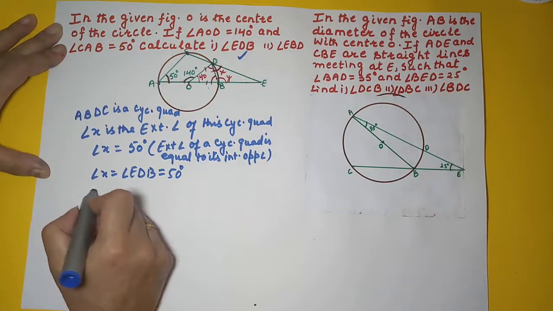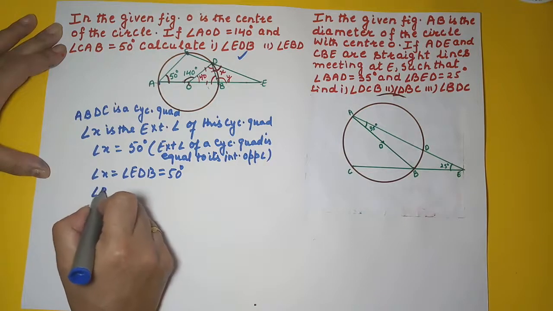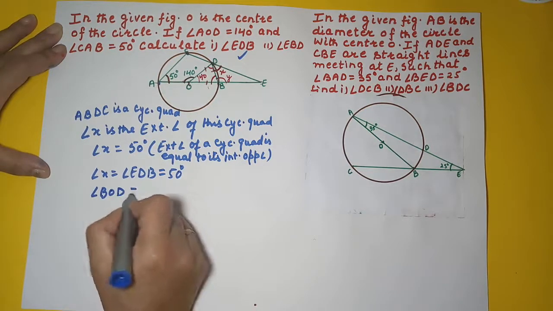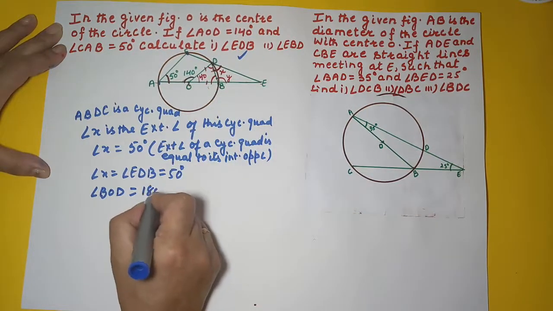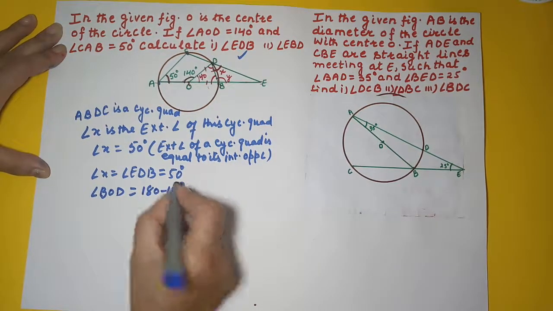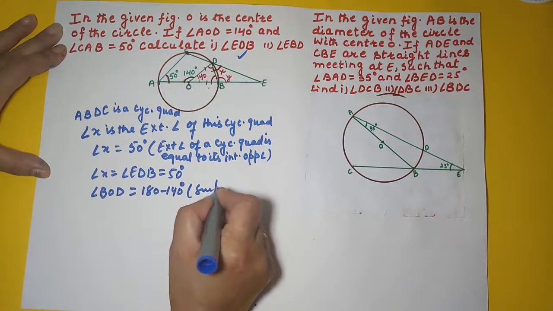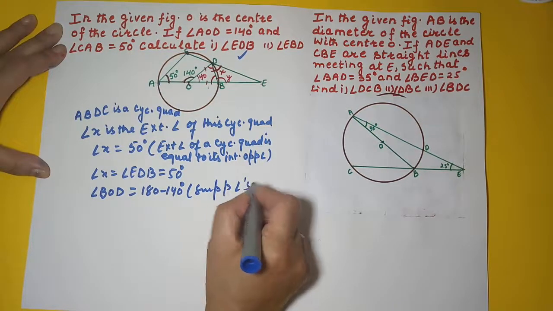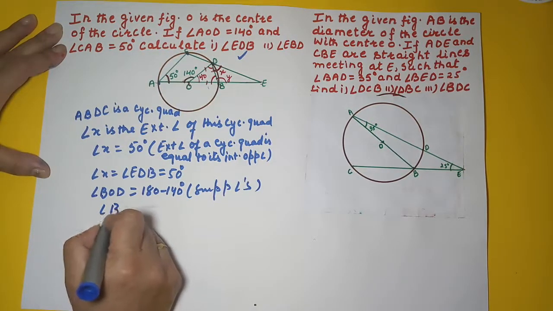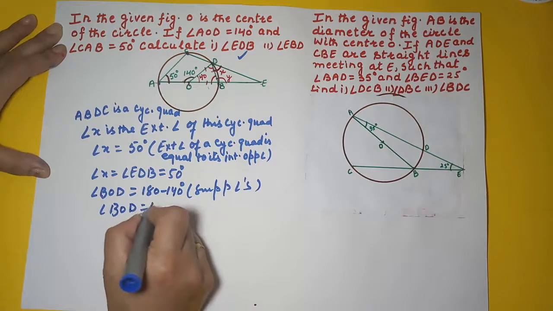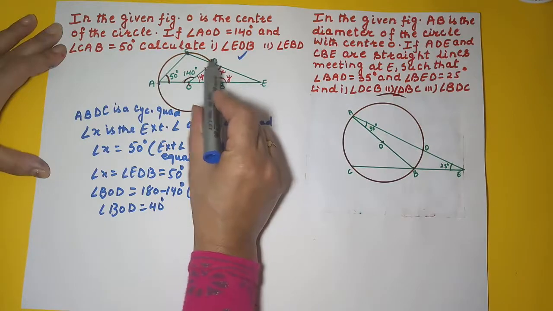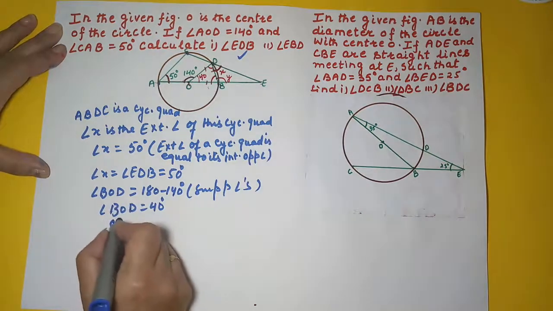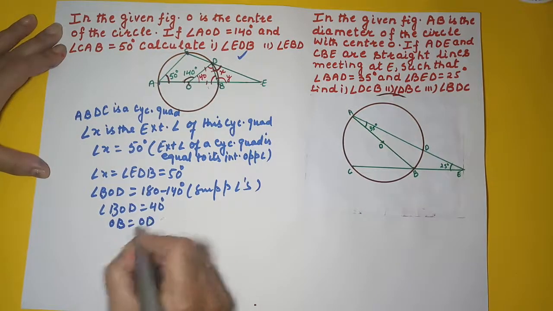Now you can write that angle BOD, that means this angle, is equal to 180 minus 140. Why? Supplementary angles. So you got angle BOD equal to 40. Now in triangle BOD, OB is equal to OD. Reason?